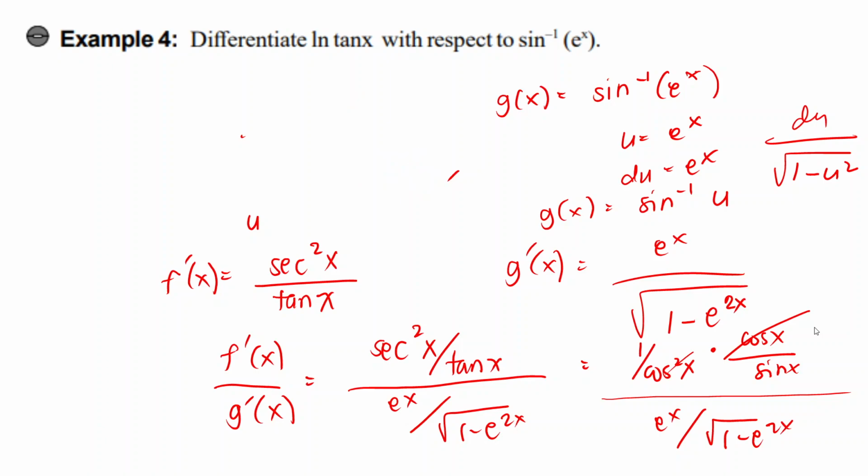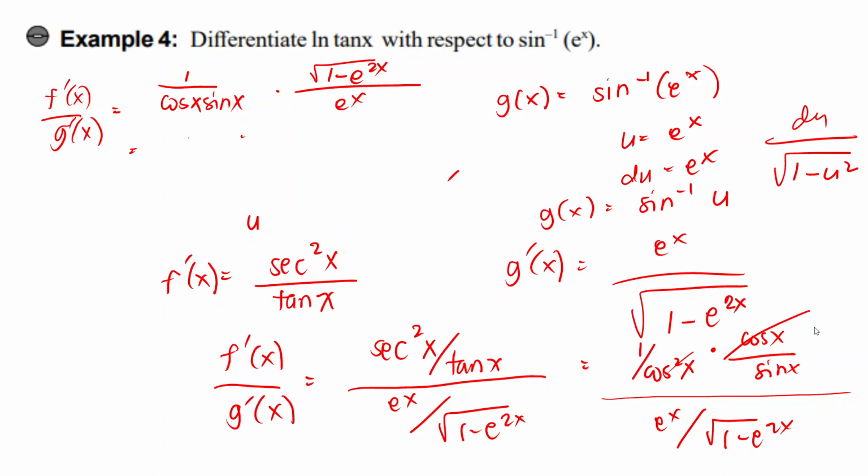So f prime over g prime equals 1 over cosine x sine x, divided by the other fraction, which we can multiply by its reciprocal: 1 minus e to the 2x over e to the x. So this becomes square root of 1 minus e to the 2x over e to the x cosine x sine x. That is our final answer. Okay, so that's how you answer this problem.